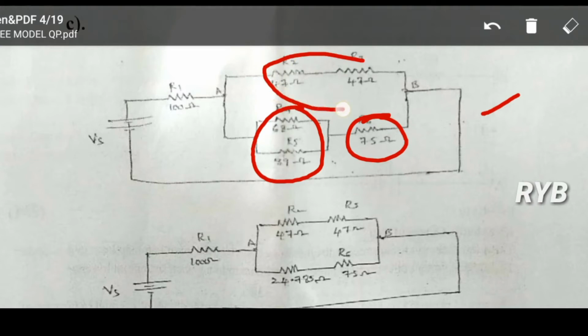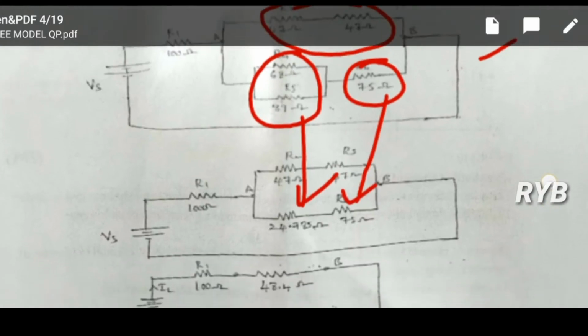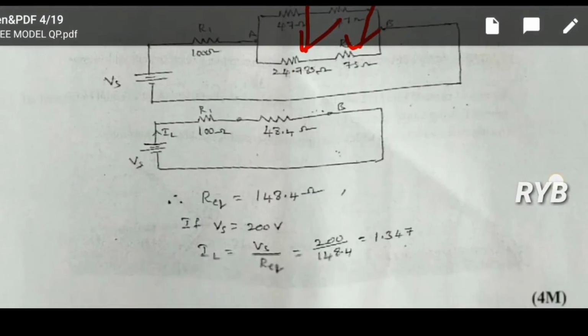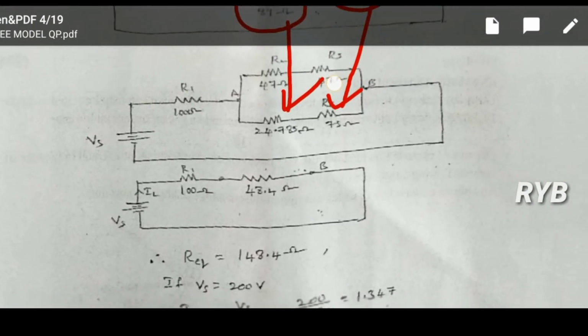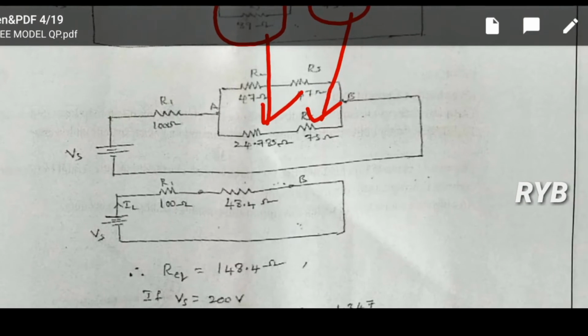We add 47 plus 47. This equivalent resistance is 24.7 and this is connected in series. Finally, we obtain R equivalent: the 100 ohm is in series with 48.4.